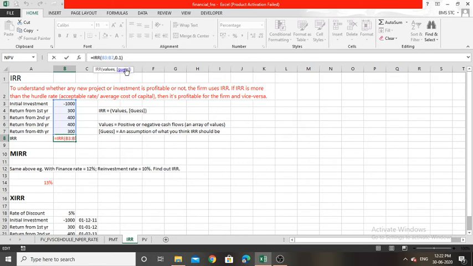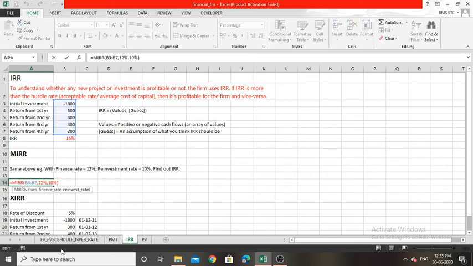You simply put 0.1 by default. So I put 0.1 as guess and the range of values as these given cash values. Either it is an inflow or an outflow, just keep it as a single group. So B3 to B7 comma 0.1. We got the rate as 15%.